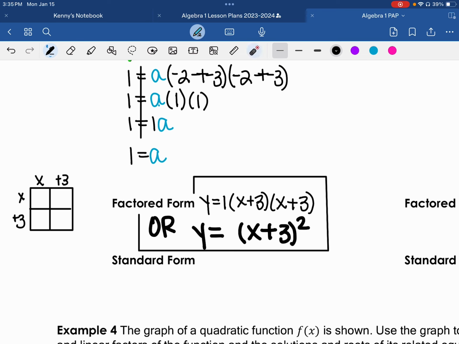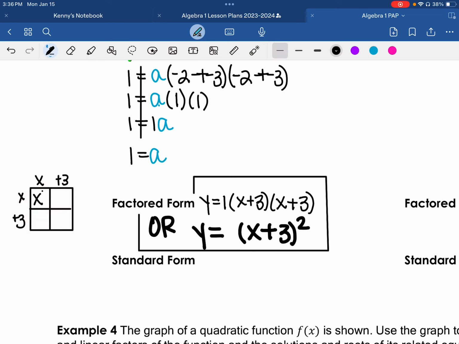Remember, we're multiplying the left side of the box times the top of the box. The left times the top. Remember, when we get down to these ones, we're looking all the way out to find what we multiply.